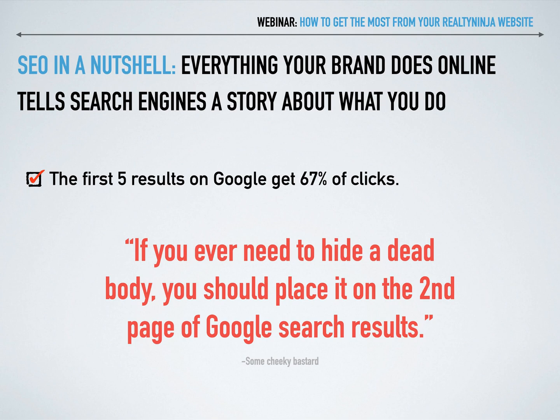You want to make sure that the message you're sending to search engines everywhere that you exist online is consistent and cohesive, okay? So if you're on Instagram and you're talking to first-time home buyers, you've got to make sure your website's talking to first-time home buyers, and your YouTube channel and your Facebook page. So don't have a disjointed, broken message all over the place where on your Instagram you're talking to first-time home buyers, on your website, you're talking to luxury condo buyers.